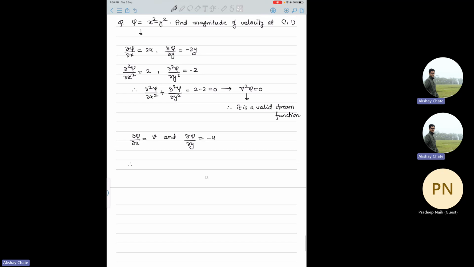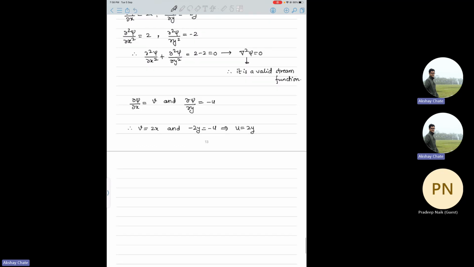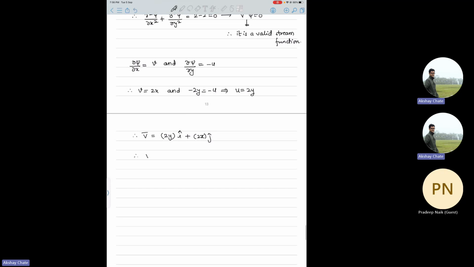Therefore, what is del psi by del x? We calculated it: v becomes 2x, and del psi by del y is minus 2y, which becomes minus u. That means u is equal to 2y. Therefore, your velocity field is nothing but 2y i cap plus 2x j cap, and the magnitude of velocity is the square root of (2y) square plus (2x) square.